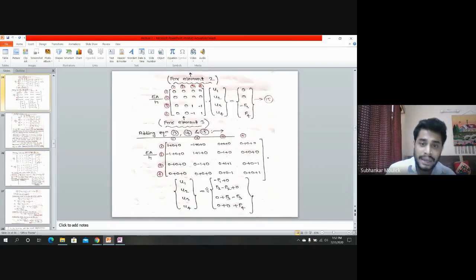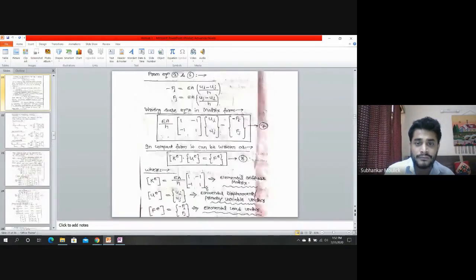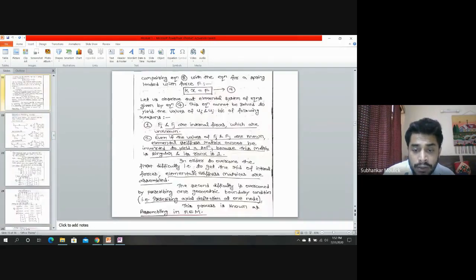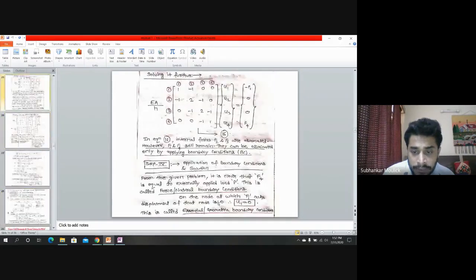In my problem, it is very much visible that at node point 4, the force applied is P. So this is my natural or force boundary condition, that is, F4 is equal to P.